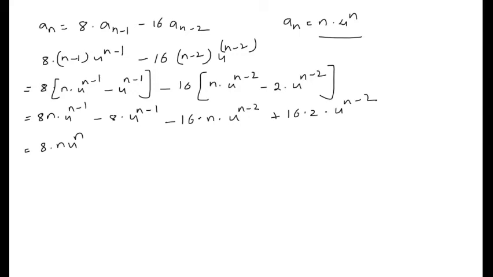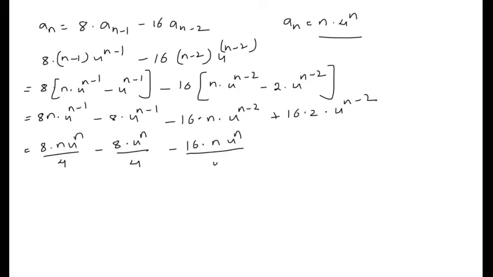8 into n into 4^(n-1): 4^(n-1) I am writing as 4^n dividing with 4. Minus 8 into 4^n dividing with 4, minus 16 into n into 4^n divided by 4 square.